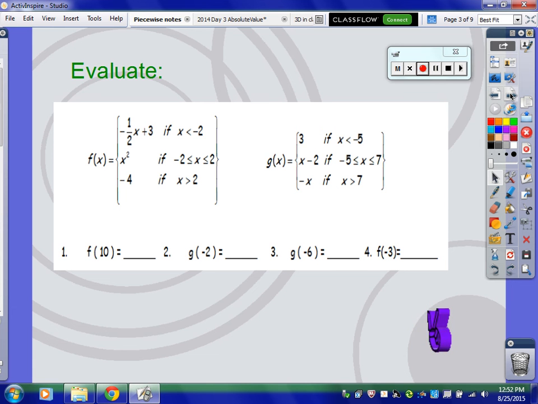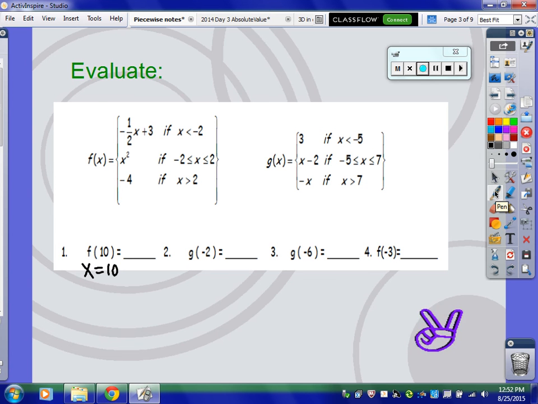Alright, let's first start off by evaluating. So if we want f of 10, that means we're going to be looking at this first function here. F of 10 is another notation saying x is equal to 10. You want to find the y value. If x is equal to 10, what's the corresponding y value? Since this is a function, we should be only getting one y value.